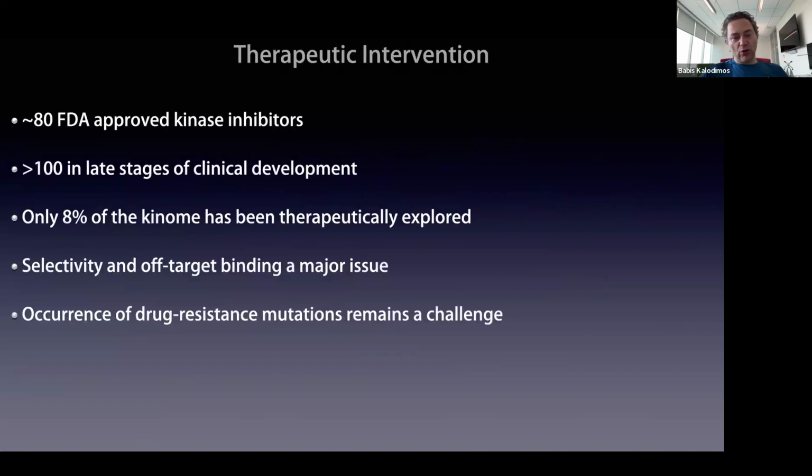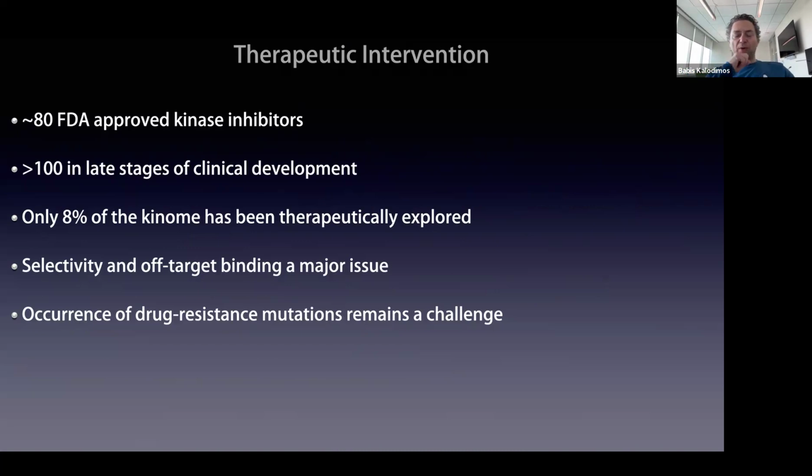So it's no real surprise that from a therapeutic point of view, protein kinases are major targets for therapeutic intervention. There are currently about 80 FDA-approved kinase inhibitors, and over 100 of them, maybe more, in late stages of clinical development.